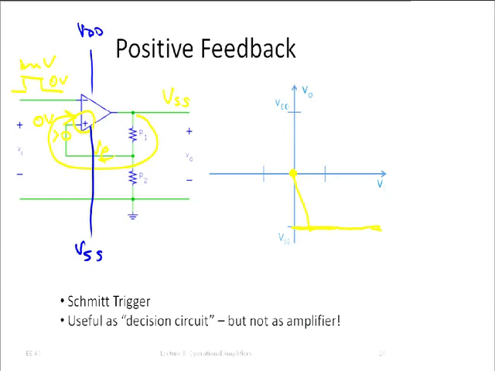Okay, so as we travel in this direction, there is a critical point when Vi is equal to VSS times, well, there is a voltage divider.